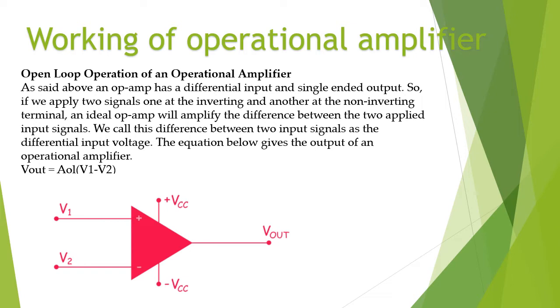Working of operational amplifier. Open loop operation of an operational amplifier. As said above, an operational amplifier has a differential input and single-ended output. So if we apply two signals, one at the inverting and another at the non-inverting terminal, an ideal operational amplifier will amplify the difference between the two applied input signals.